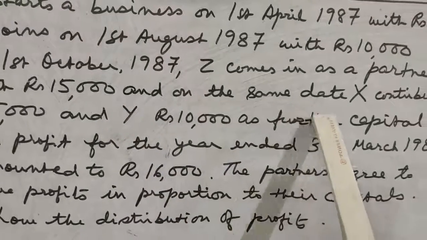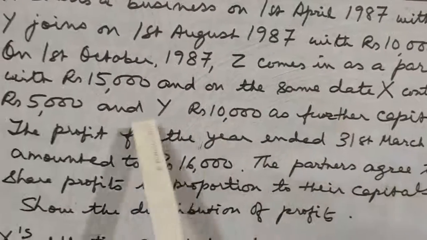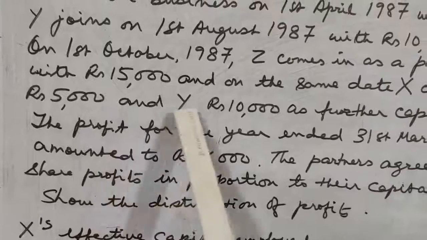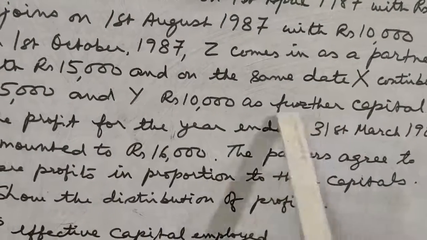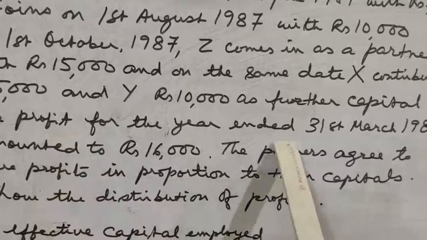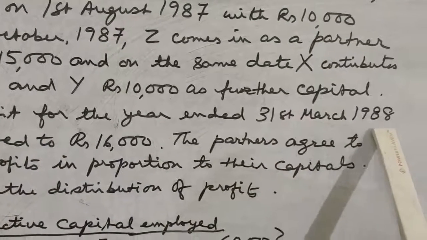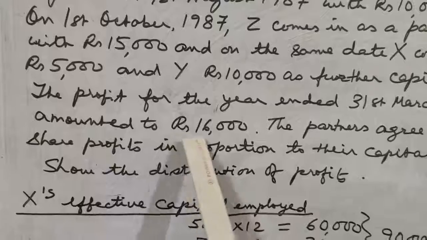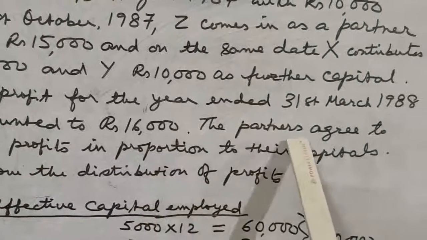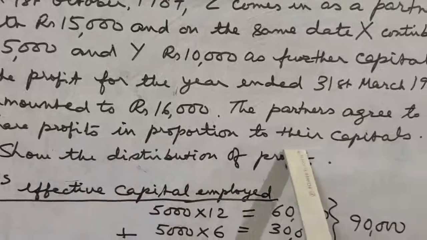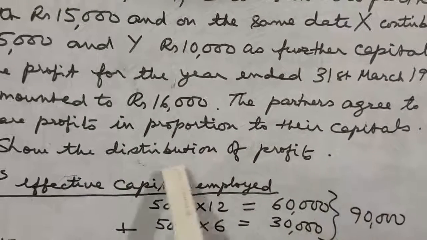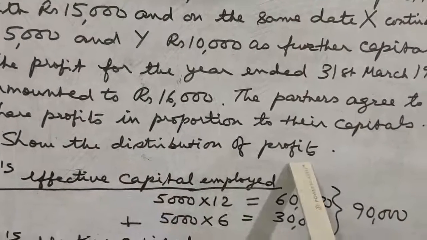And on the same date, X contributes rupees 5,000 and Y rupees 10,000 as further capital. The profit for the year ended 31st March 1988 amounted to rupees 16,000. The partners agree to divide the profits in proportion to their capitals. Show the distribution of profits.